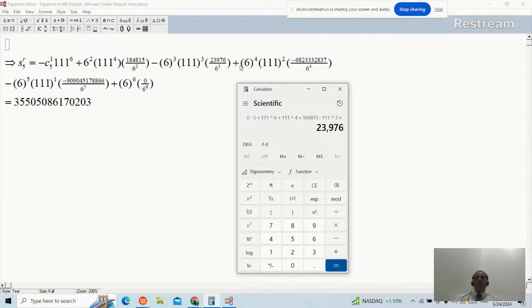23,976. Then plus 6 to the power 4 divided by 6 to the power 4, no need, times 111 squared, with a negative number in front of this expression.